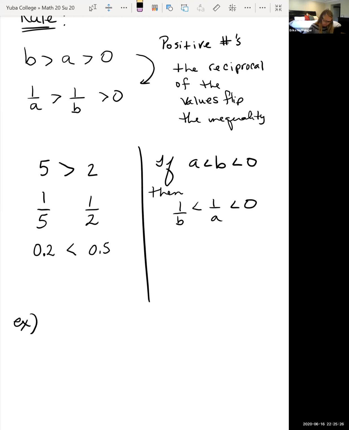So if x is less than or equal to -4, which is less than 0, then figure out the following. 1 over blank is less than or equal to 1 over blank, which is less than 0.